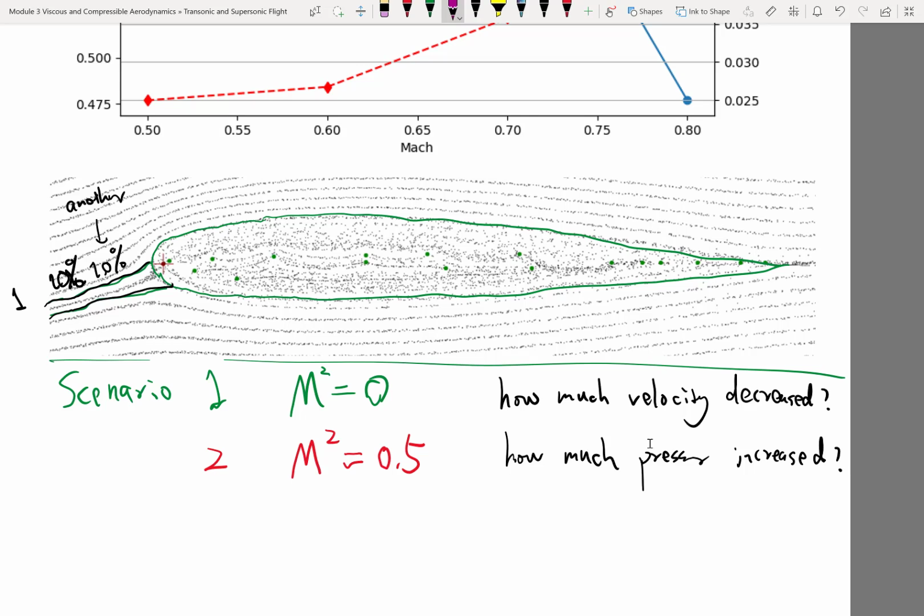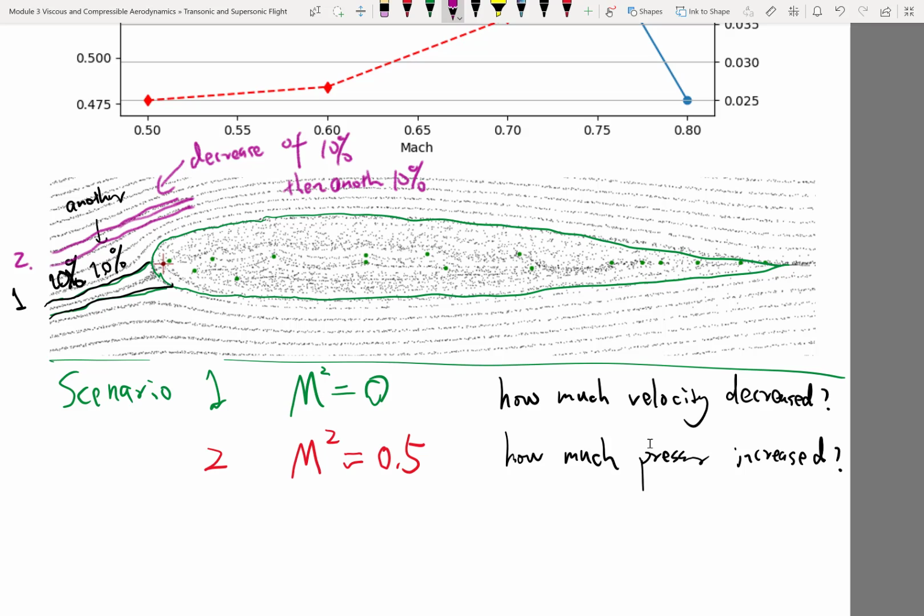Consider a different streamline, streamline number 2, that instead of increasing in width is above the airfoil and actually decreases in width. So it's a decrease of 10%, and then another 10%. Again, let's work out how much the velocity in this case has increased and how much the pressure has decreased.